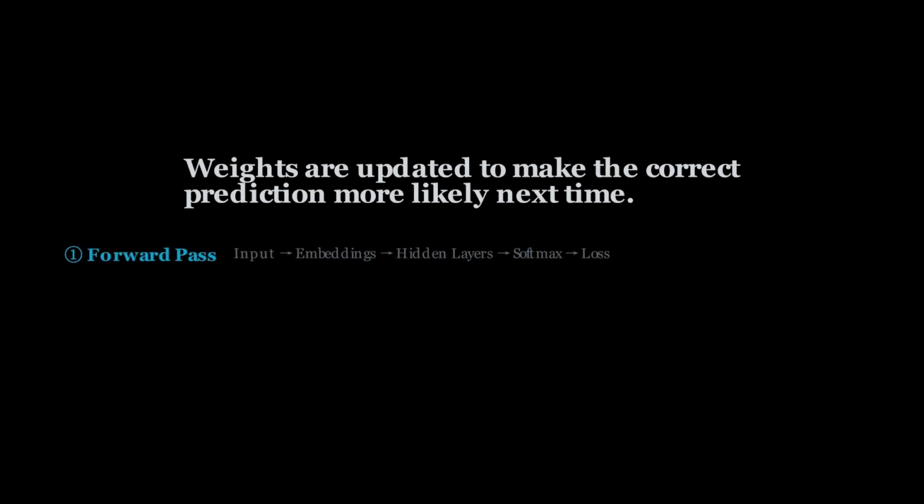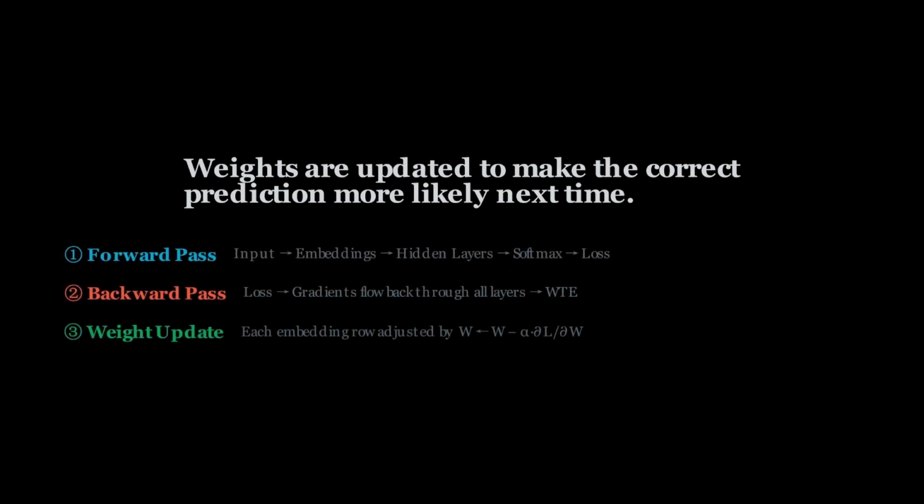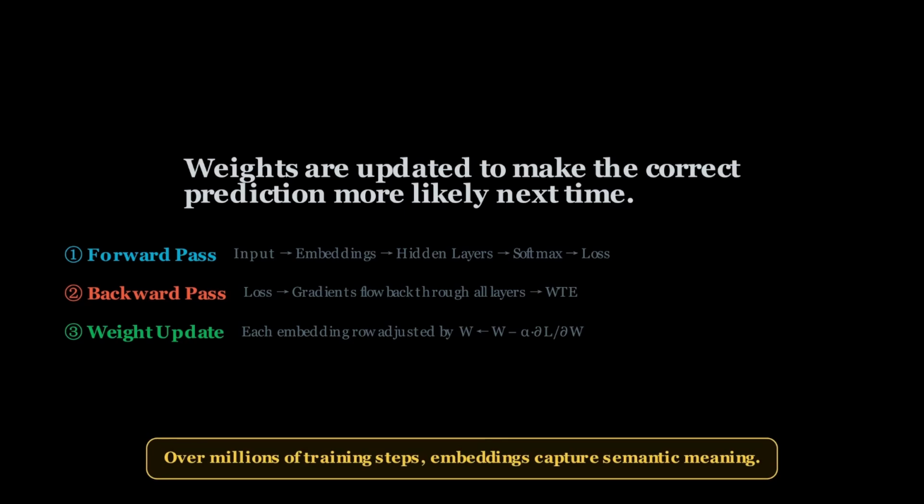So weights are updated to make the correct predictions more likely next time. First we do a forward pass, then we do a backward pass, and we update the weights based on the loss. Over millions of training steps, embeddings capture the semantic meaning at the end.